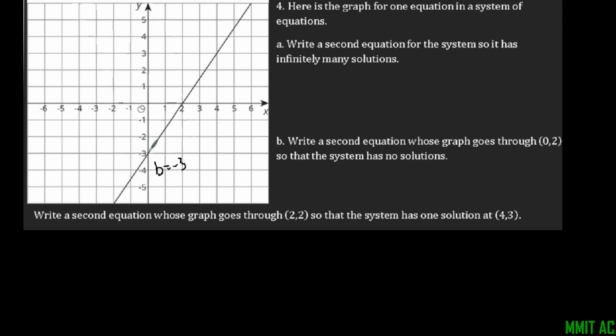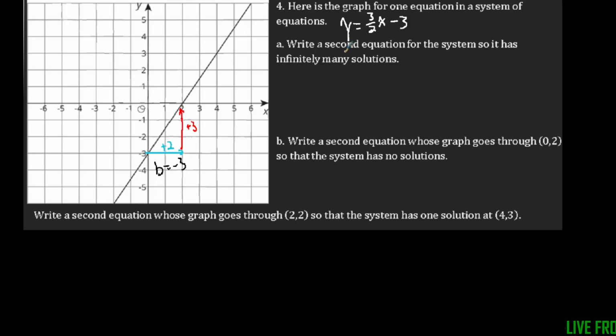My change in x is going to be +2, and my change in y is going to be +3. So find your slope, find your y-intercept, write your equation, and so our equation is going to be y equals 3/2 x minus 3. So that's going to be our original equation.